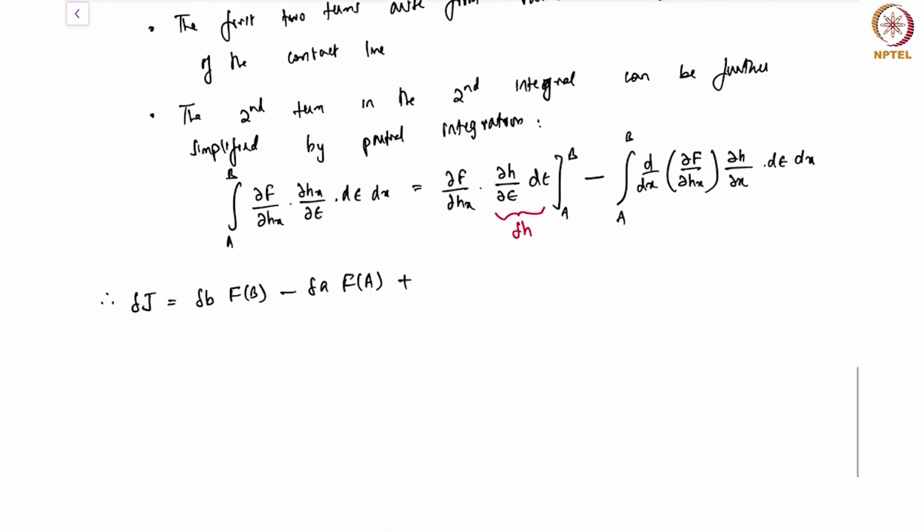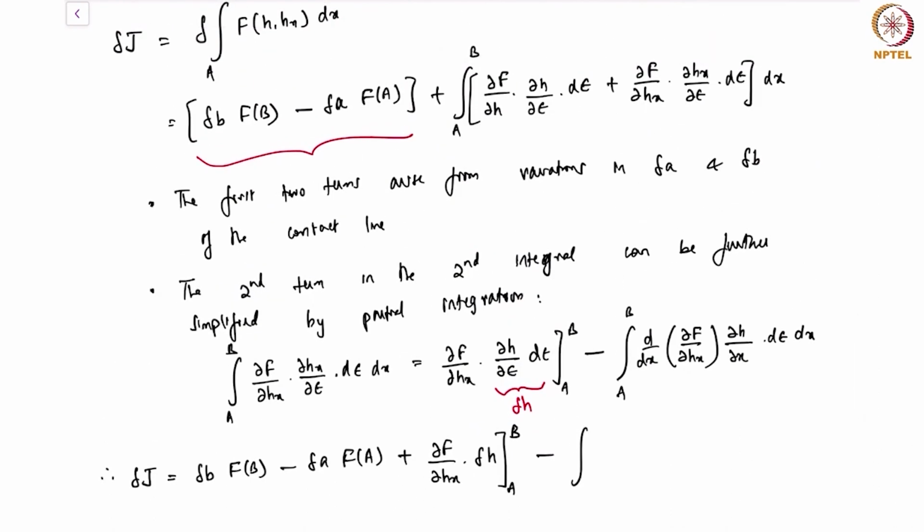So I have del f by del h_x delta h at A and B, and, rather, I can combine this term here with the last term here. That's what I'm highlighting, these two terms.